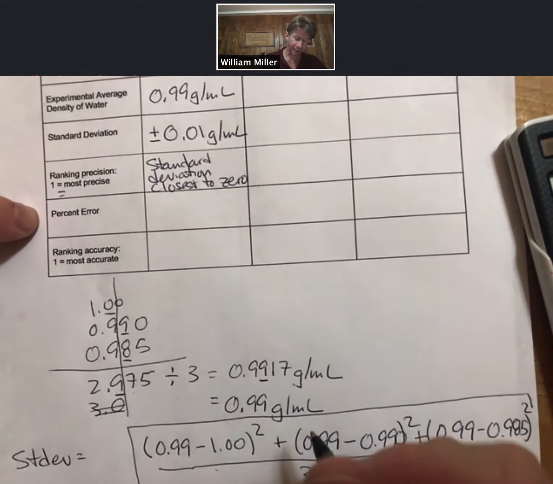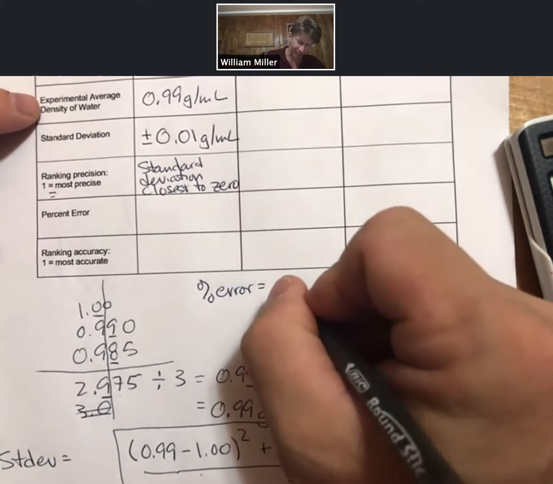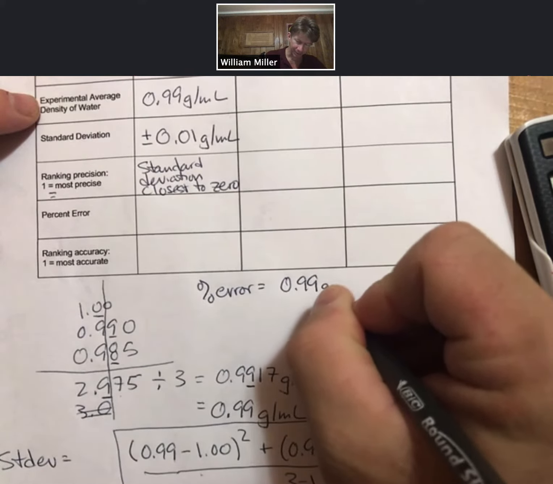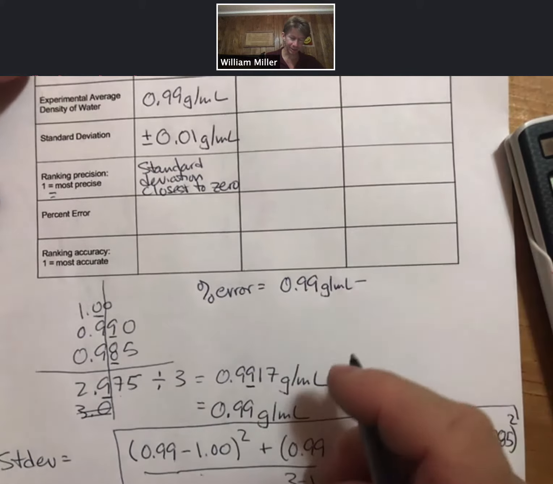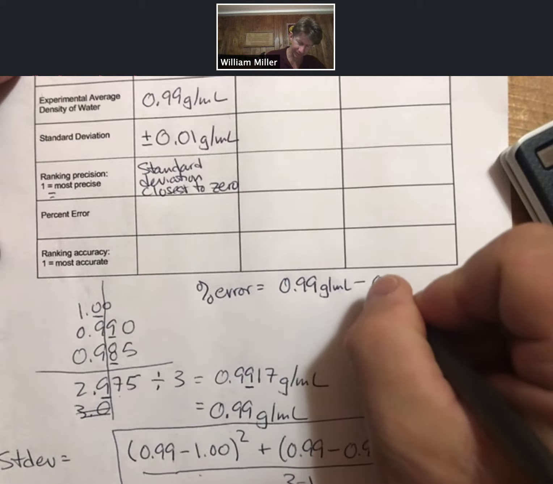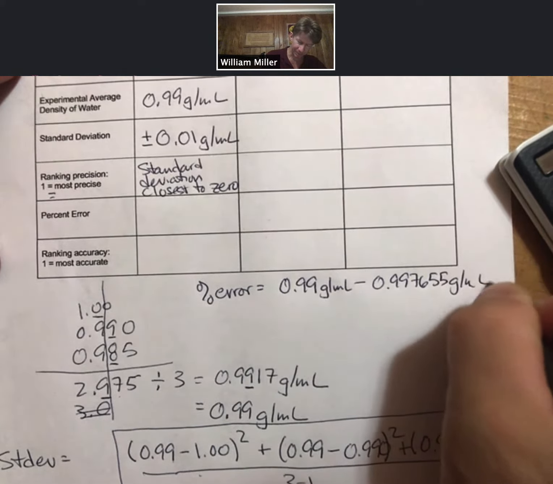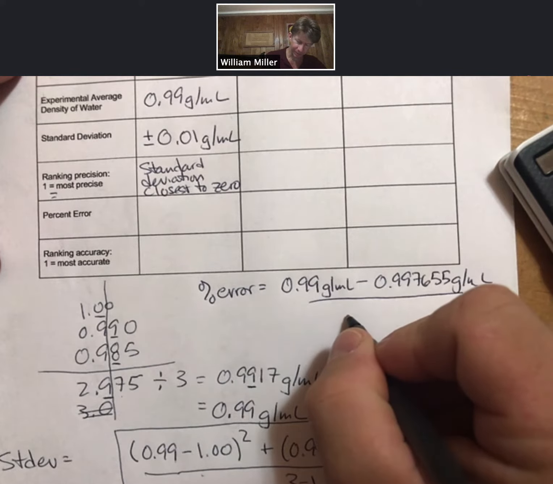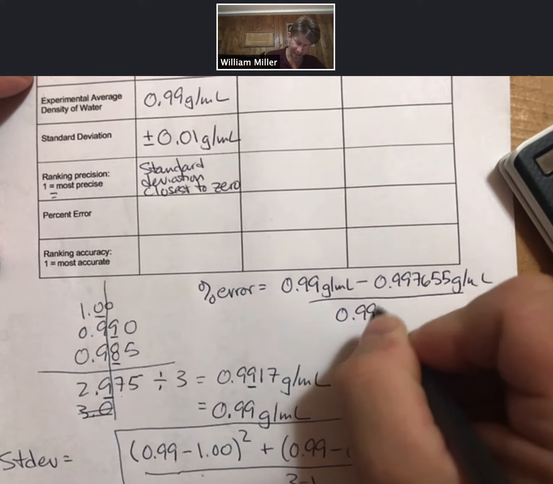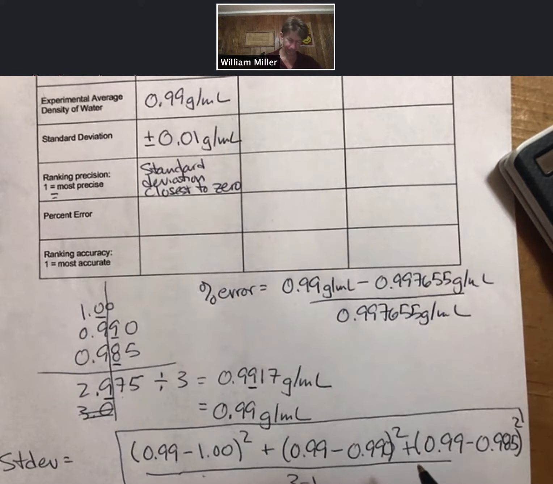The percent error is going to be the experimental value, for us 0.99 grams per milliliter, minus the correct value, 0.997655 grams per milliliter, over the correct value, 0.997655 grams per milliliter.